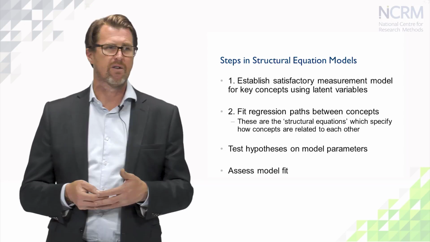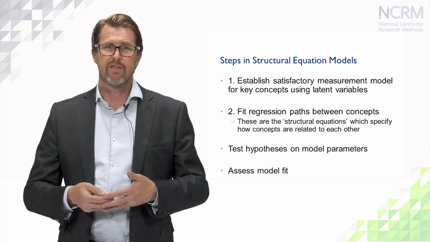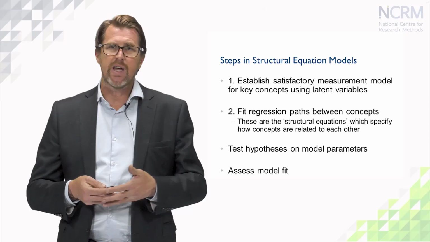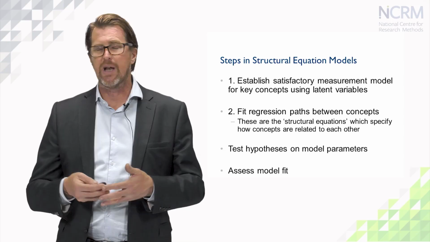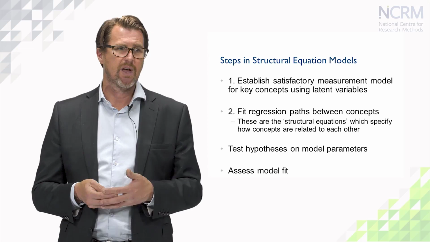So we are going to fit regression paths between the measured concepts, and then we will estimate the parameters of the model. This will yield beta weights for the regression equations in the normal way that we would get in an OLS regression, for example, and we would test hypotheses about the direction and magnitude and significance of those model parameters, which would be suggested by our theory.